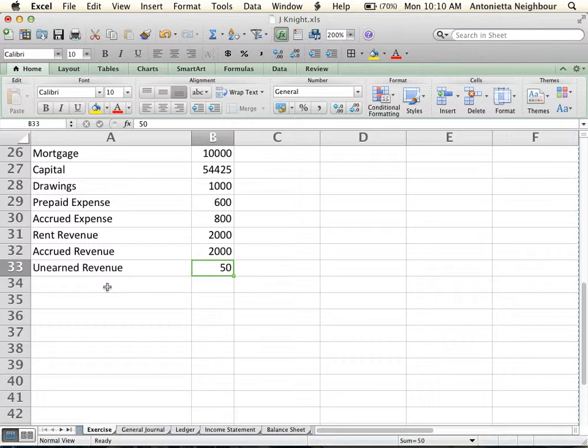So we need to go into that revenue account and decrease the revenue by the amount that has been unearned, because it doesn't belong in this accounting period. Remember, boys, making these adjustments to expenses and revenues is all about having those accounts reflect a balance, which is the amount earned in the accounting period, or accrued in the accounting period in the case of expenses.